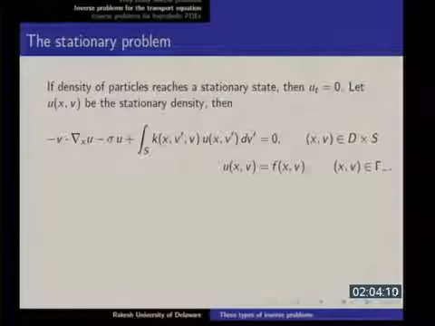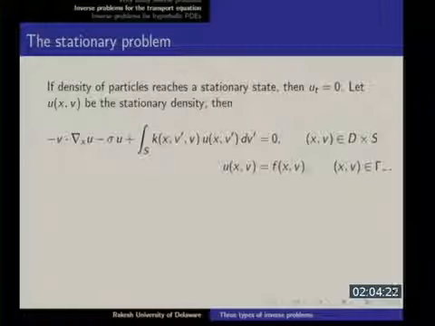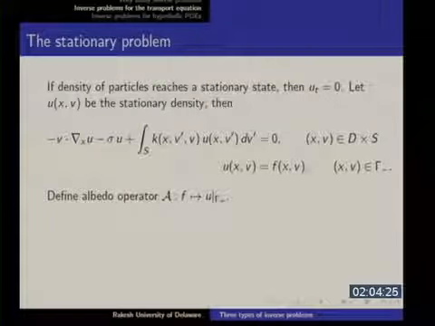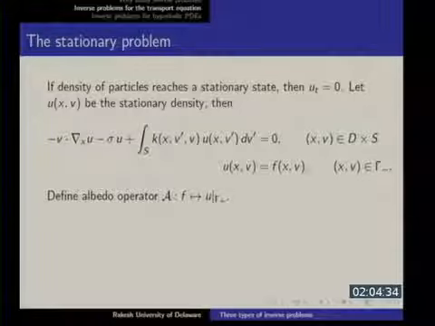All right. So this is happening in the domain D and the directions velocity V. And what you do again is you prescribe the concentrations on the incoming part. But there is no time involved. Right? So now you define the time-independent albedo operator. Okay? So you prescribe the incoming concentration F, which is time-independent, and you measure the outgoing part. By the way, this problem is not well posed in general.